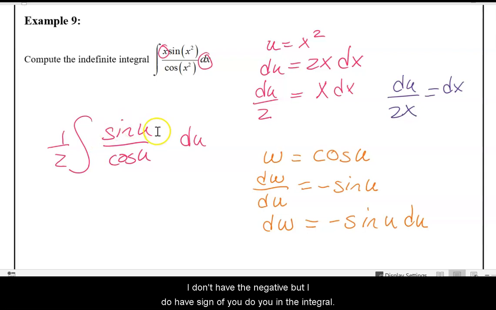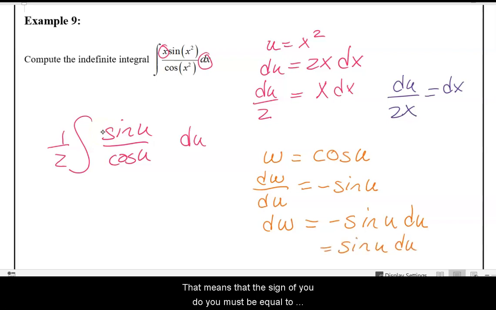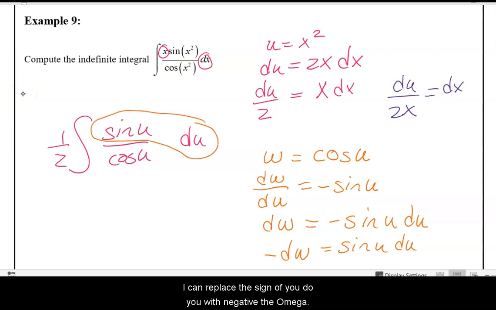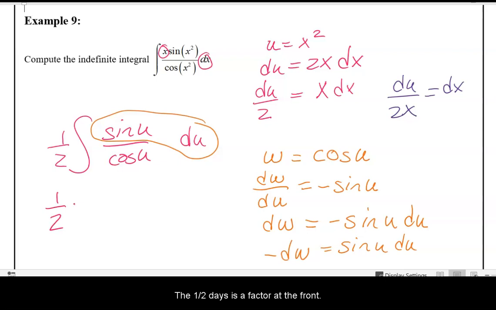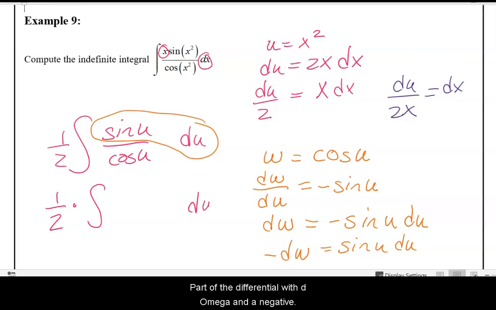I don't have the negative, but I do have sine of u du in the integral. That means that the sine of u du must be equal to negative d omega. I can replace the sine of u du with negative d omega. The 1/2 stays as a factor at the front, and I replace the part of the differential with d omega and a negative.